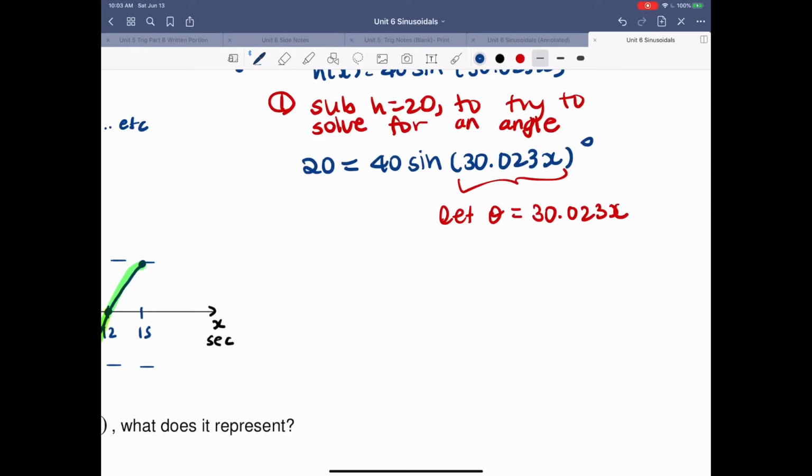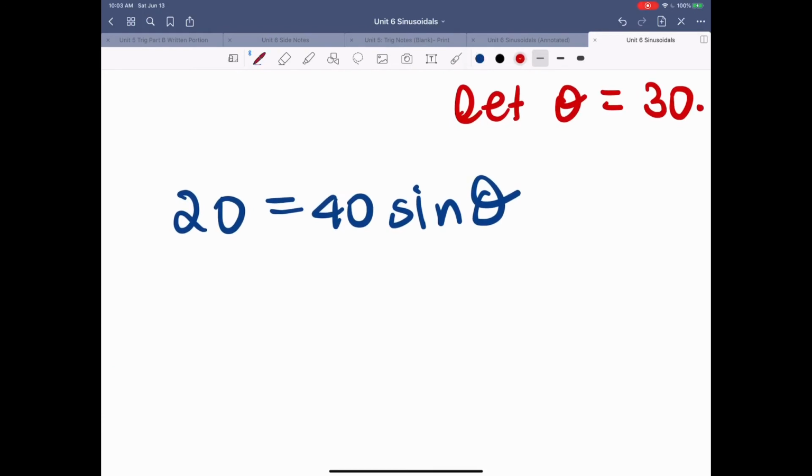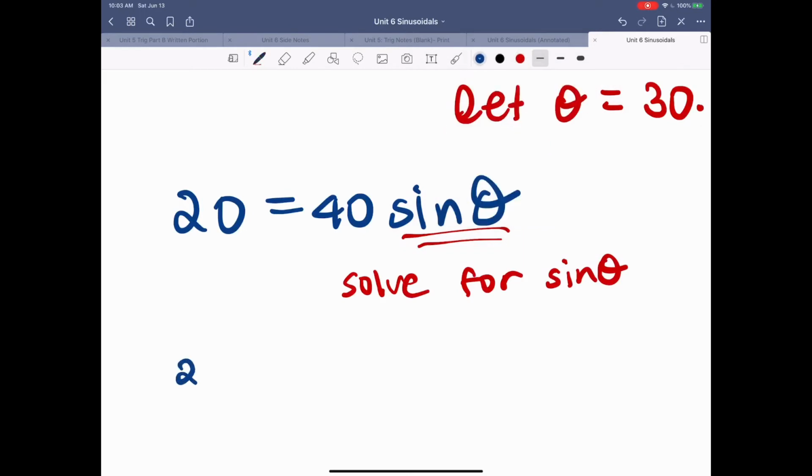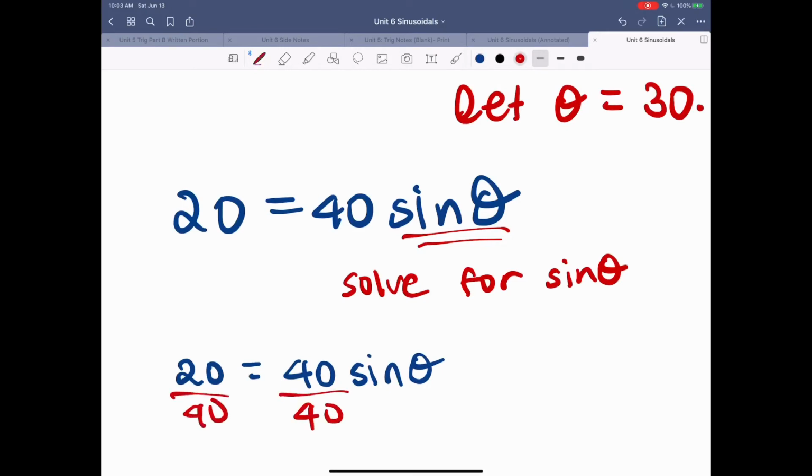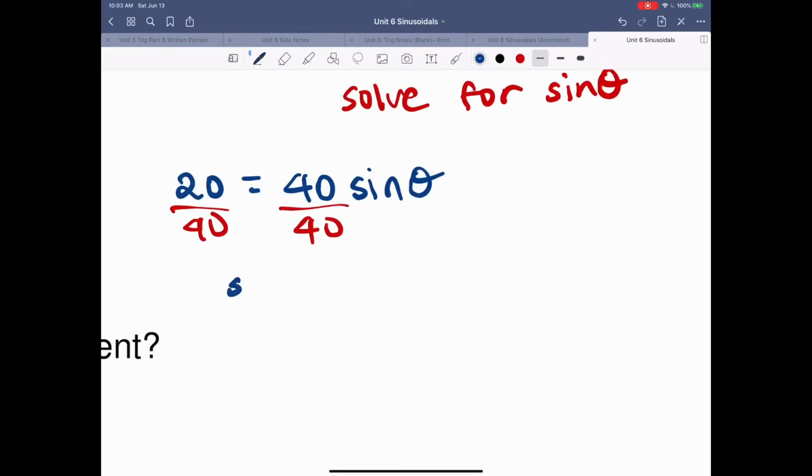Now you have a simpler equation where it's 20 equals 40 sine theta. We want to get sine theta by itself, so we want to solve eventually for theta, or solve for sine theta first. So I am going to divide both sides by 40, and I get sine theta equals a half.